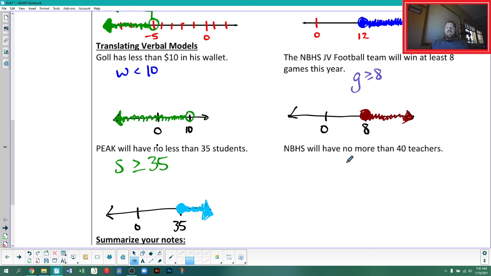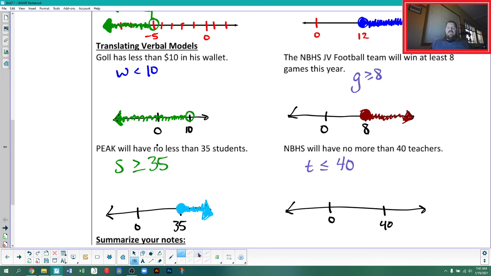Last one, NBHS will have no more than 40 teachers. So maybe the number of teachers can be 40, but it can't be more than 40, so it has to be less than or equal to 40. Have those two. We can graph them. Say we've got 0 here, 40 here.